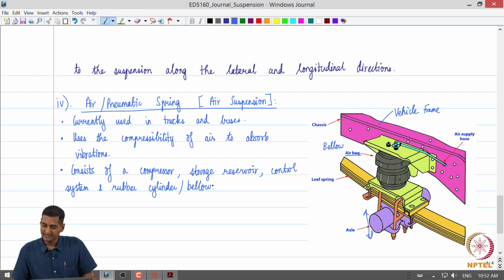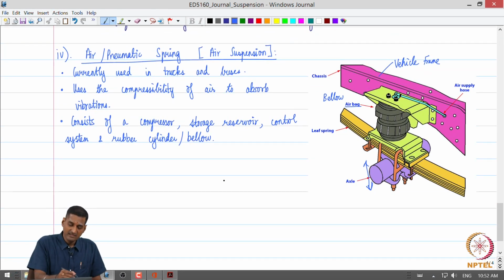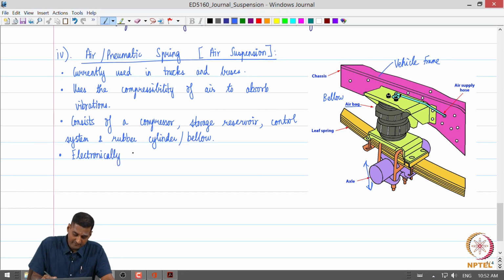Okay. So, that is what is shown here in the schematic. Such a system also is amenable to real time control, which has led to what is called an electronically controlled air suspension. Okay.